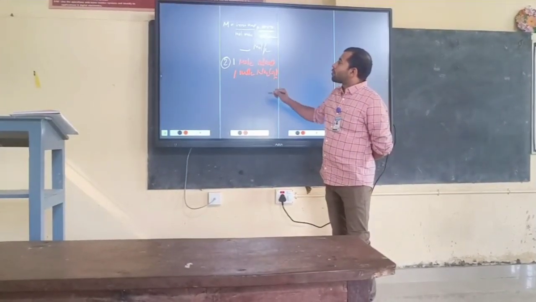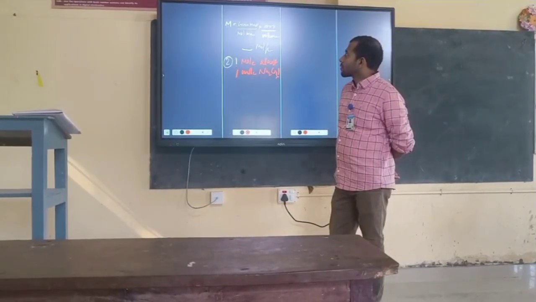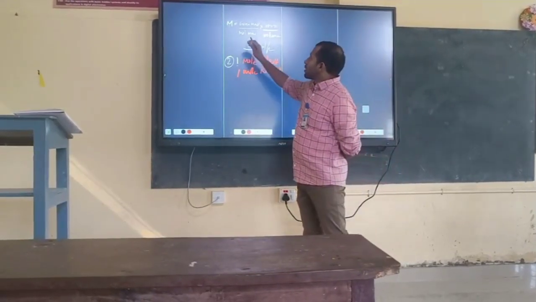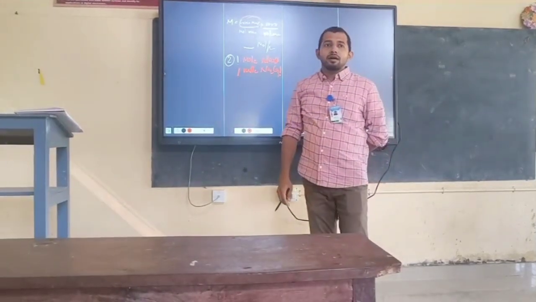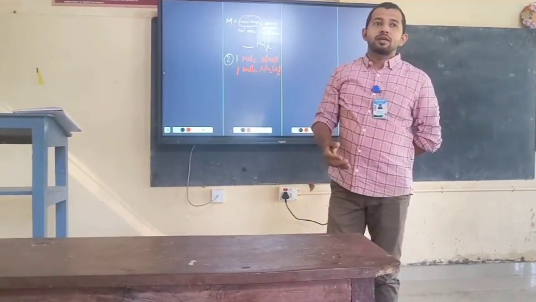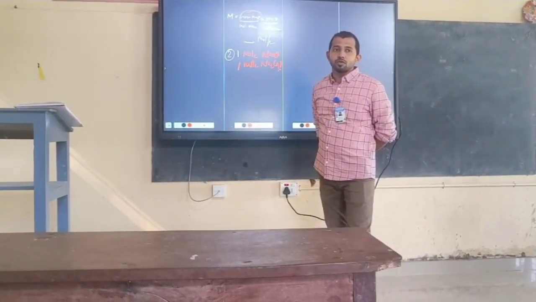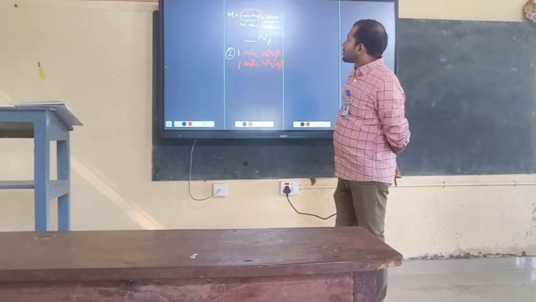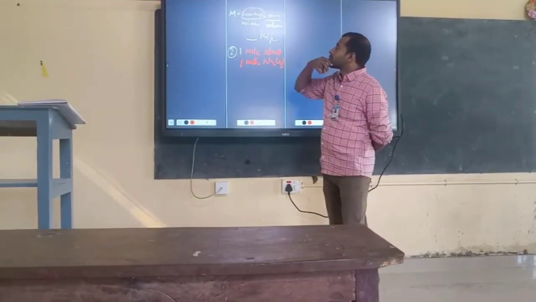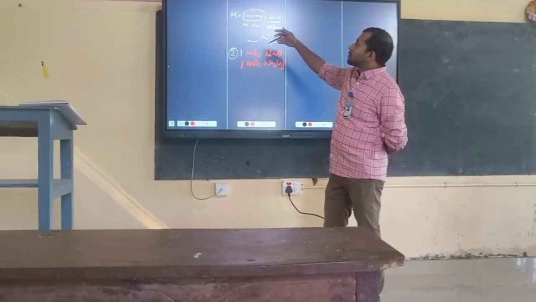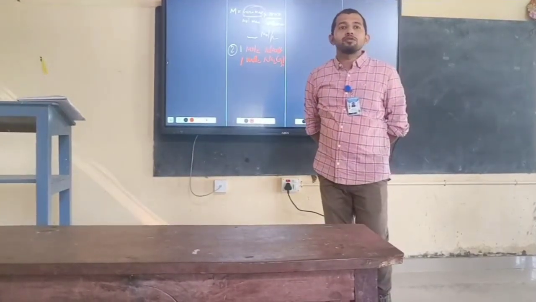So say if I want to prepare 1 molar Na2CO3, I have to calculate how many gram of Na2CO3 is required to prepare 1 molar Na2CO3 solution, right? So how can I calculate the mass of Na2CO3 required?